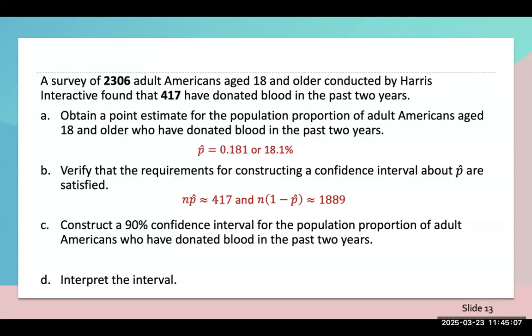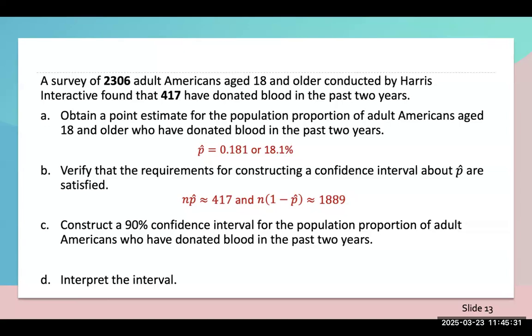And then I took the n, 2306, and multiplied by the failure probability, and I got about 1889, which, remember, if we have 2306 adults and 417 of them are successes, then 1,889 of them have to be failures. Both of those numbers are greater than or equal to 10, so we can continue.